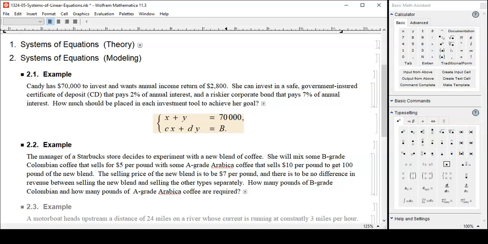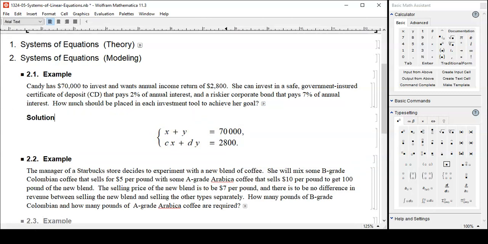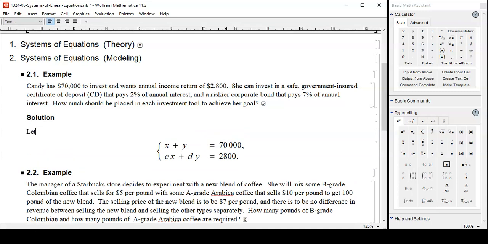Now let's work out the second equation. The return must add up to 2,800. There's no question about that. Now, what is C and what is D? Let's say X is CD and Y is bond.